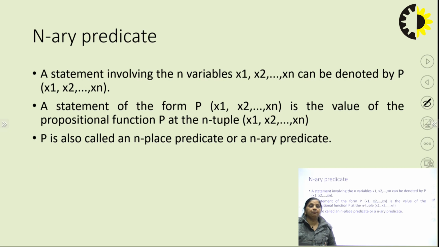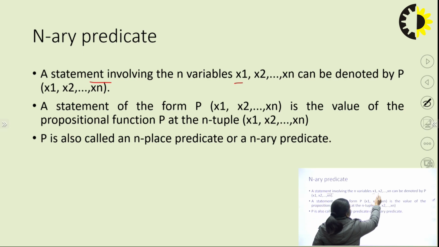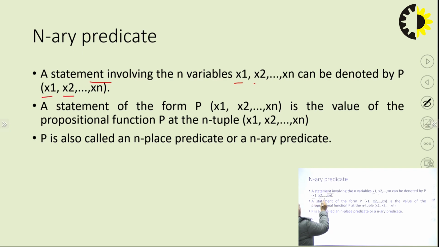Now what are n-ary predicates? In that example of Px, I had just one variable. If I have n variables, a statement involving the n variables x1, x2, up to xn, it is an n-ary predicate. It can be represented as P(x1, x2, ..., xn). If I write P(x, y), it is a binary predicate, with two variables.